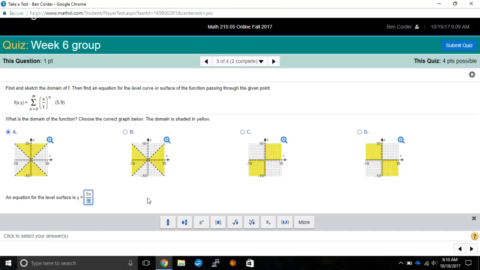Where did you get the 4 from? Because it's 1 minus 5 over 9, which ends up being 4 over 9, but it's 1 over 4 over 9. So it's like 9x over 4 or something. It's going to have to have an x in there somewhere.